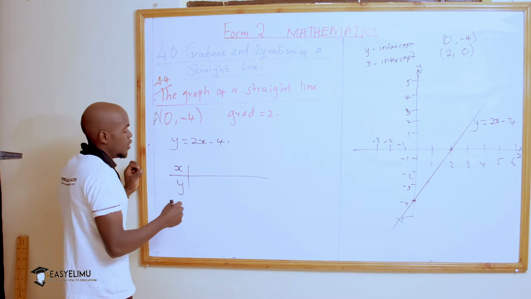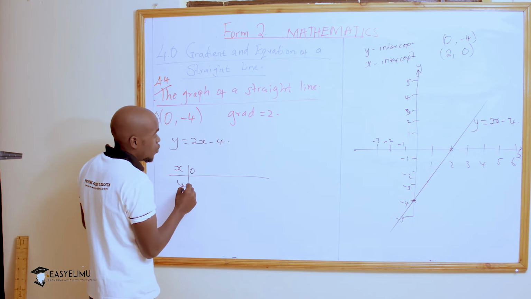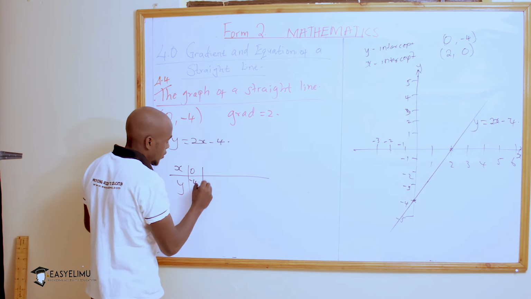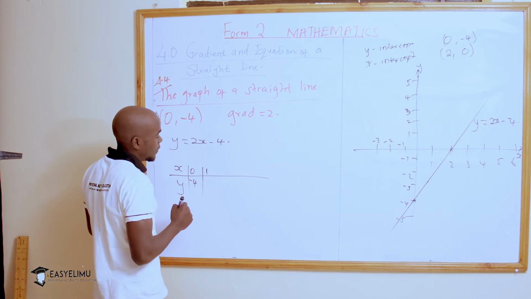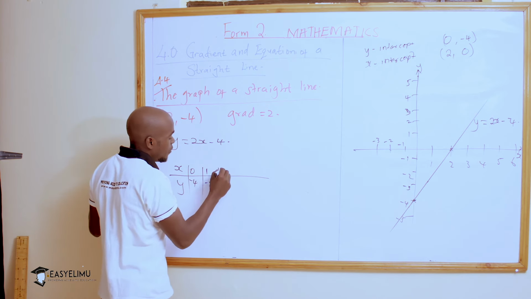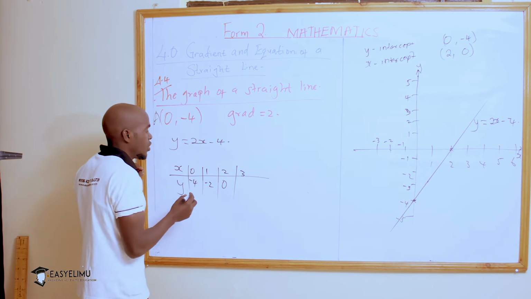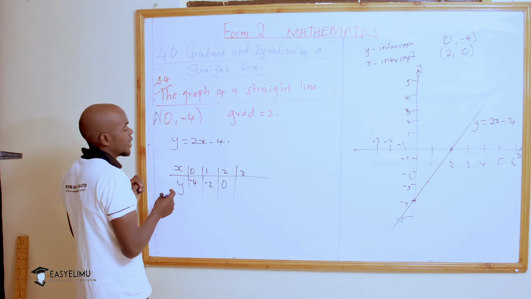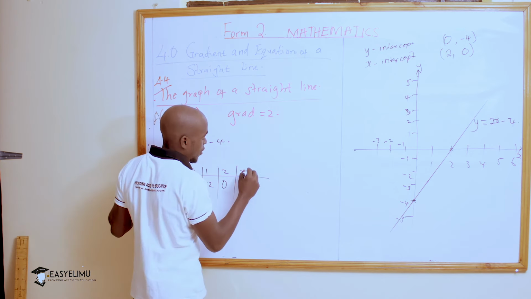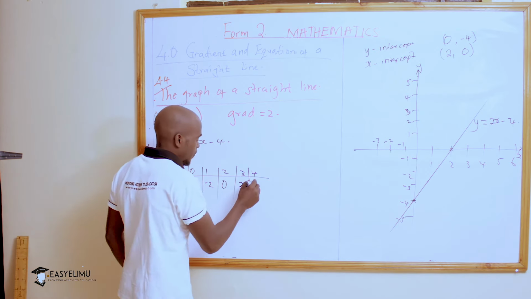If you choose x to be, let's say, 0, y here will be negative 4. If it is 1, you are going to have y as negative 2. If it is 2, you will have y as 0. If it's 3, you will have y as 2. And if it is 4, you will have y as 4.